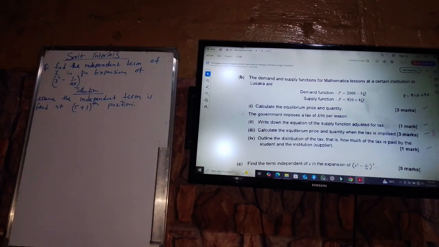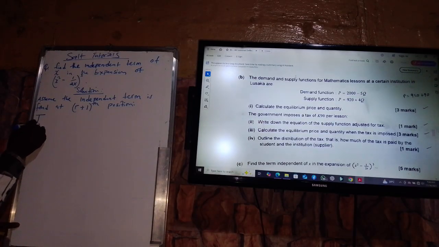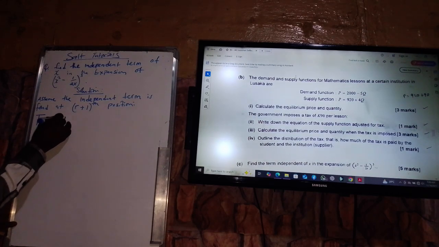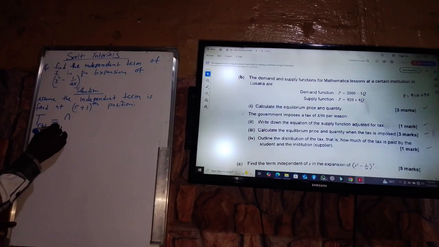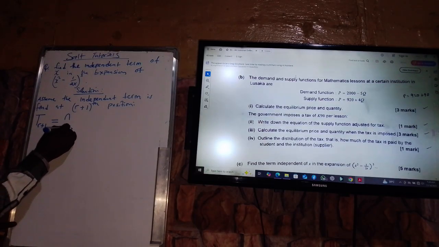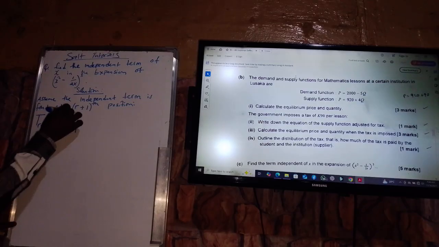So if the term is found at R plus 1 position, so what are we talking about? Then T R plus 1, it means the term at R plus 1 position, is basically equal to N combination R plus 1 minus 1. Remember this formula?